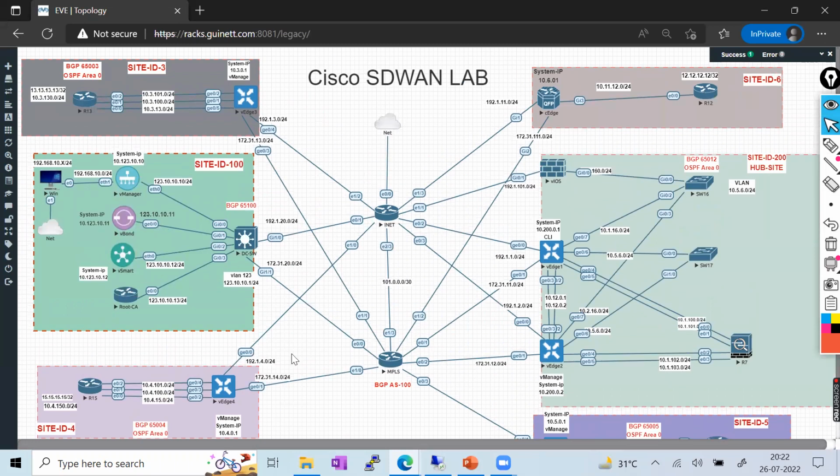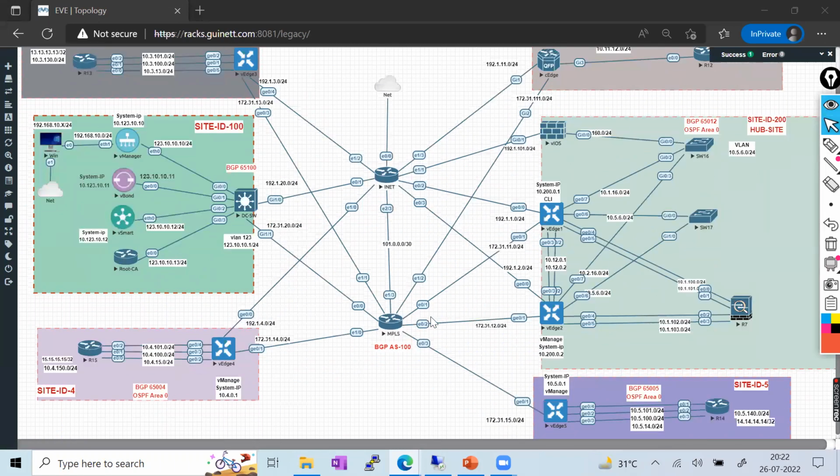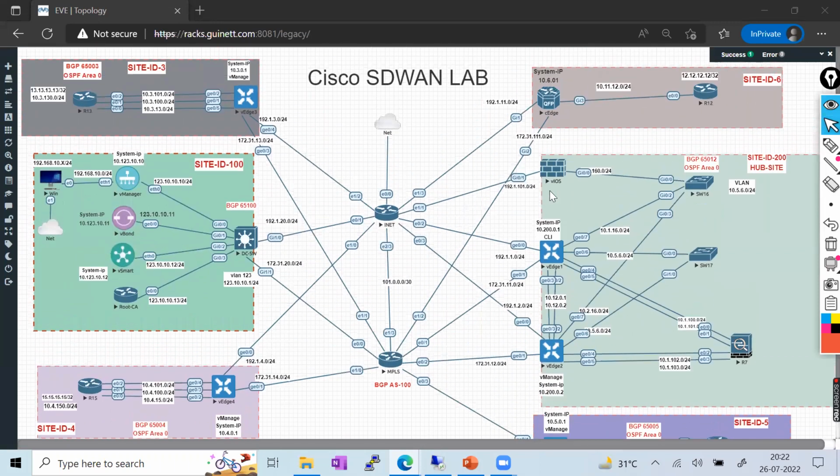We have a controller, and under this controller we have different branch sites, all connected with dual transport, and all having a connection to the data center and the controllers. They also have the underlay connectivity from the site to the internet router and the other branch and the controller, and over that they form the overlay connectivity. And here they form the OMP, that is Overlay Management Protocol.